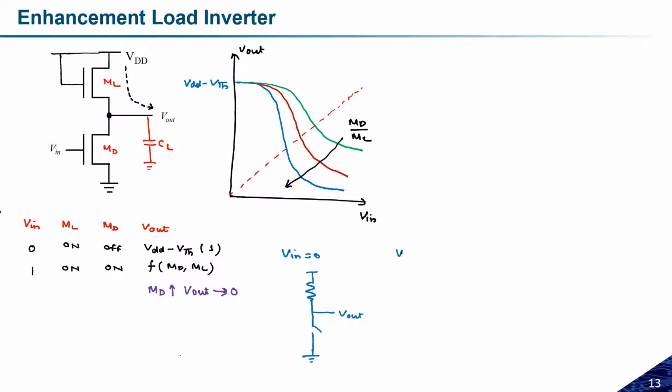And if V in is equal to 1, in this case it will act as a voltage divider. Here we will get the output voltage something like this.